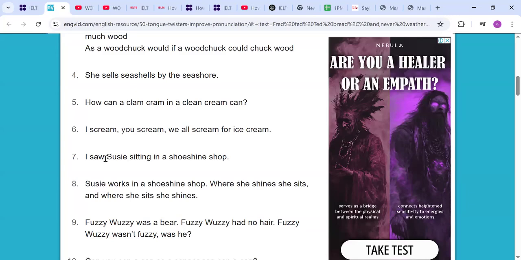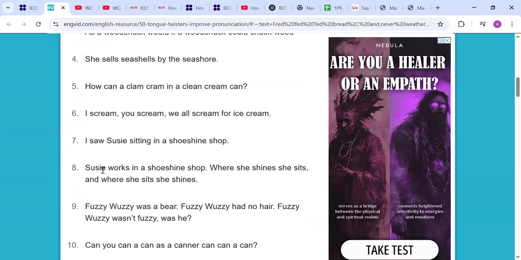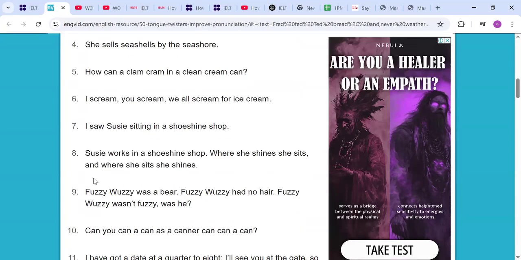Everyone has their own weak areas. Some people might face difficulty producing SH and CH sounds. Other people might pronounce these sounds clearly, but they have other issues. So if you have difficulty producing a sound, you can search for tongue twisters on the internet, and you will find multiple tongue twisters you can practice.